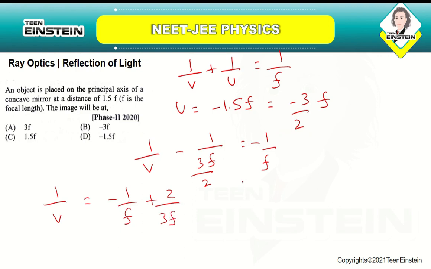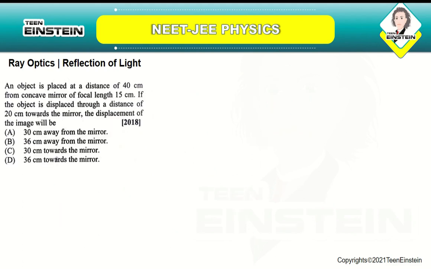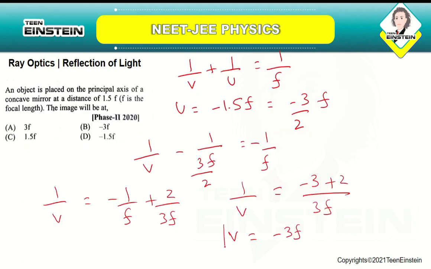It is simple mathematics, you just solve it: 1/v = (-3 + 2)/3f, or v = -3f. So, the image will be formed at v = -3f. The correct answer is option B. It is a very simple problem, we are just making use of this mirror formula.